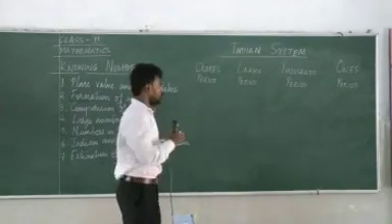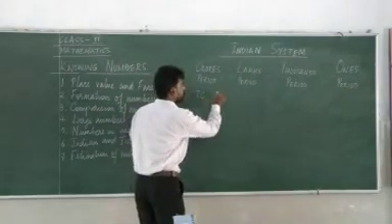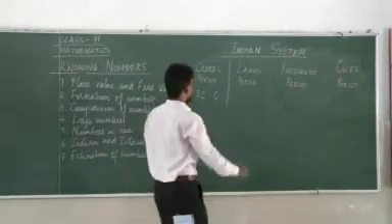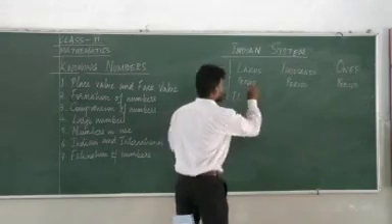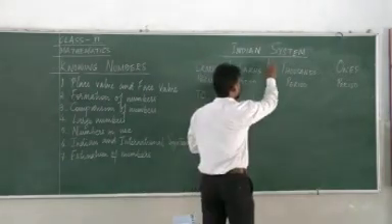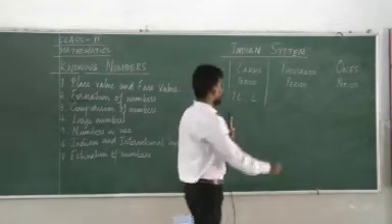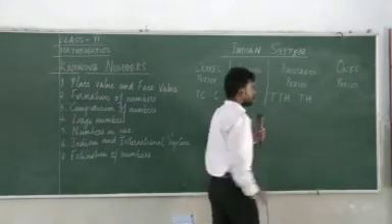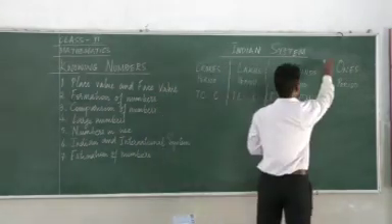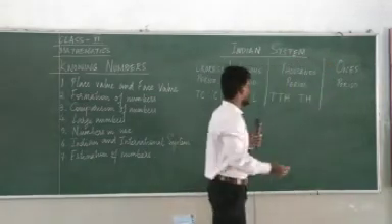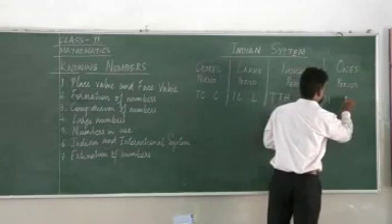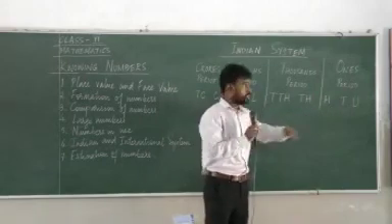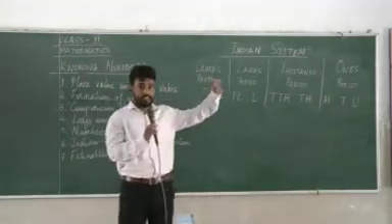In crores, we have 10 crore and crore. In lakhs, we have 10 lakhs and lakhs. In thousands, we have 10,000 and 1,000. In ones period, we'll have hundreds, tens, and units. This is how we write in Indian system.